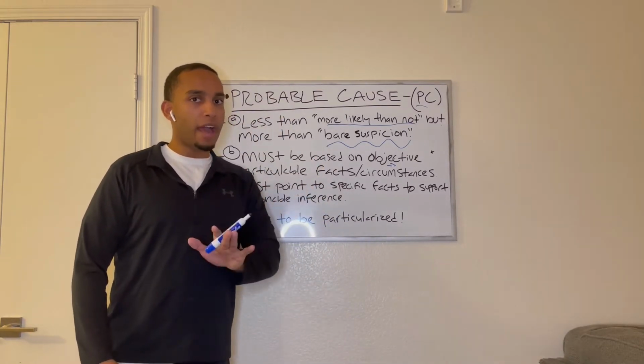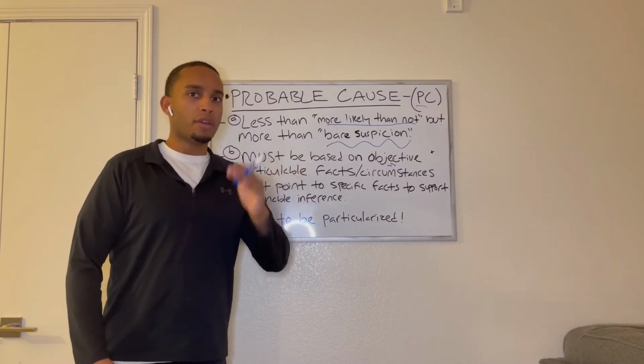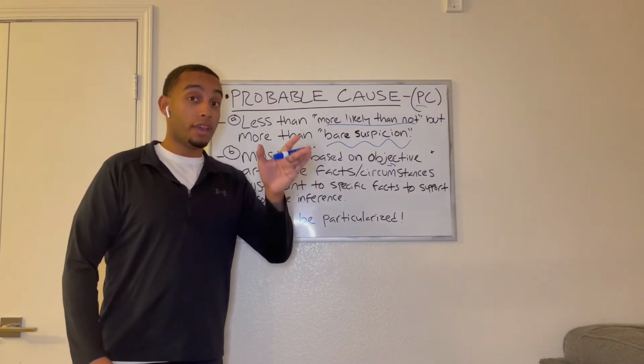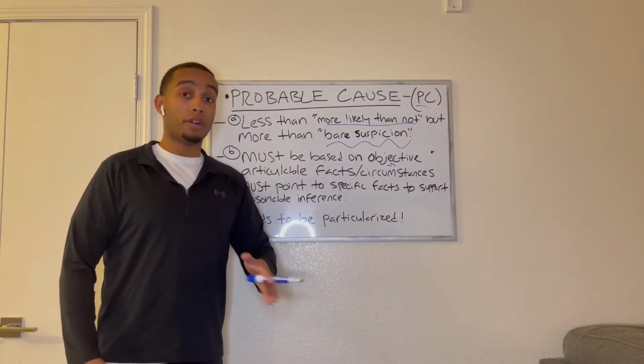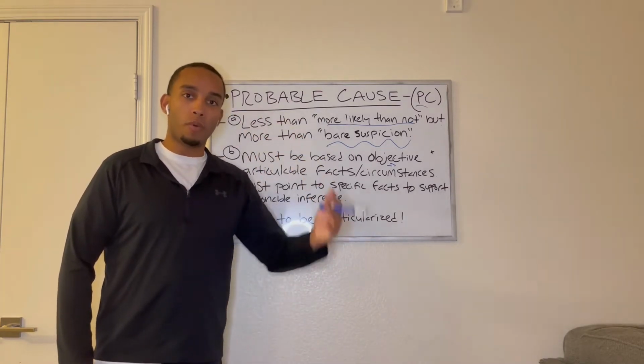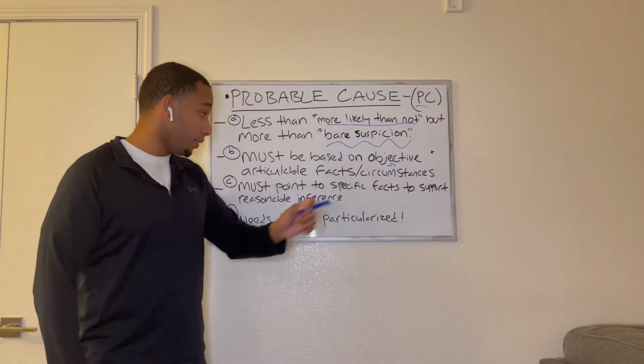But I have these facts that make me believe that this person committed the crime. Therefore, I'm going to put my lights on and pull this person over and see what's going on. Or, as I said, stop and frisk, arrest you, whatever. And we're going to get into those specific examples right after I explain C and D.